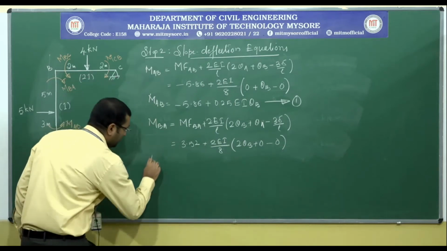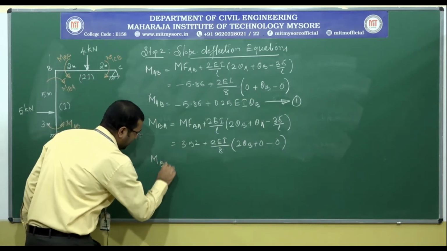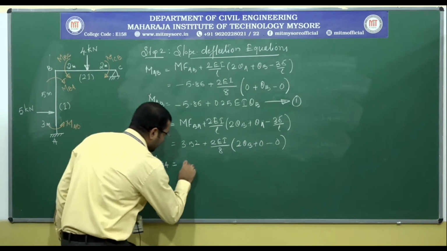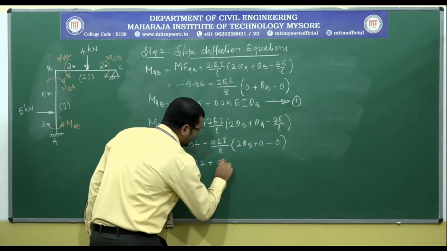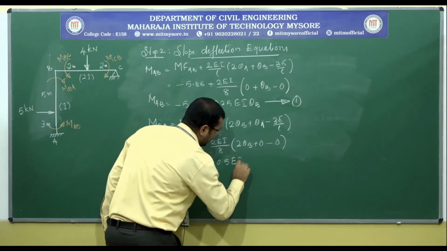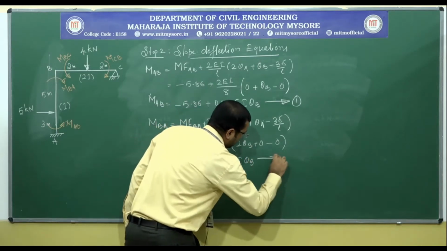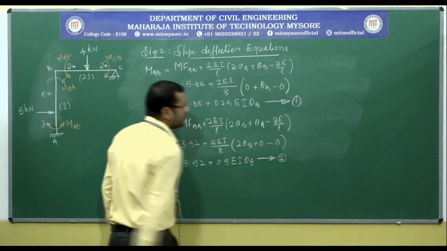So we come out with the equation MBA is equal to 3.52 plus 0.5 EI theta B. Let us call this equation number 2.